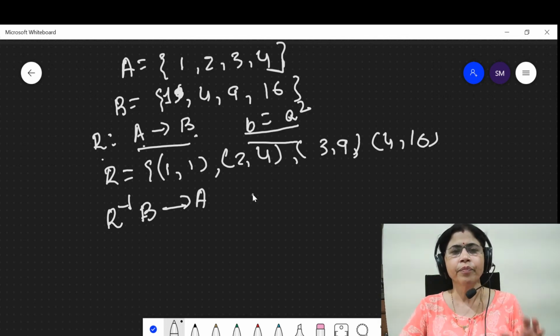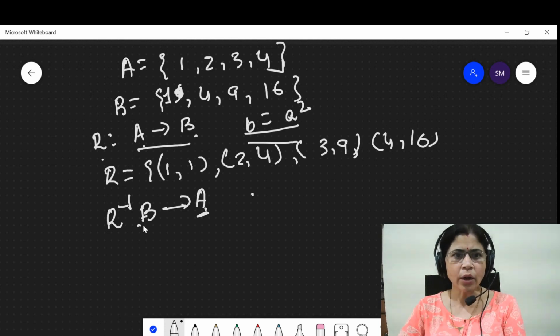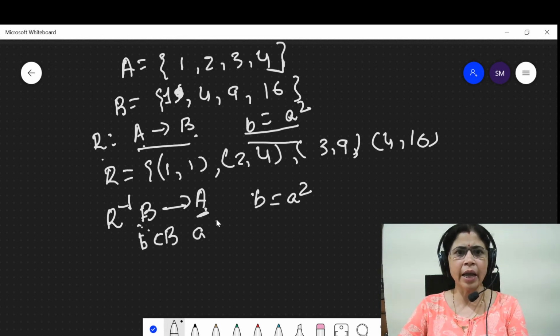such that the element which belongs to A is the square root of this. This means here also B is equal to A square, where B belongs to B and A belongs to A. But the relation is B is equal to A square.